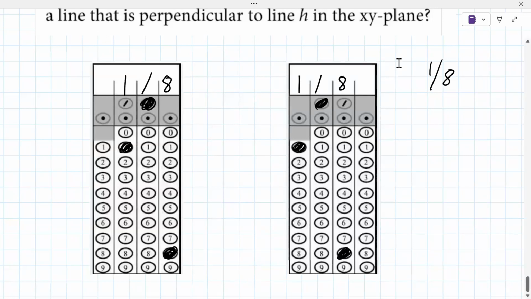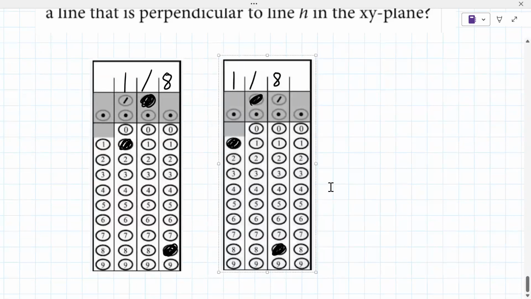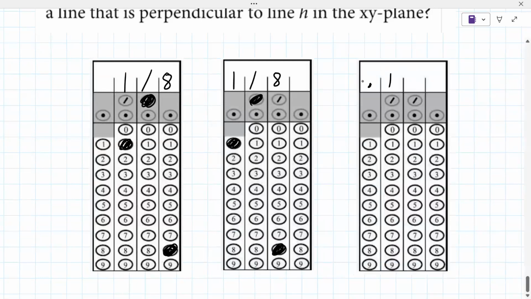And believe it or not, there's actually a third way you can answer this one. You know what 1/8 is as a decimal? 0.125. So you can actually do it that way.